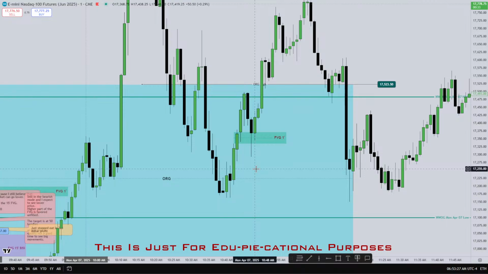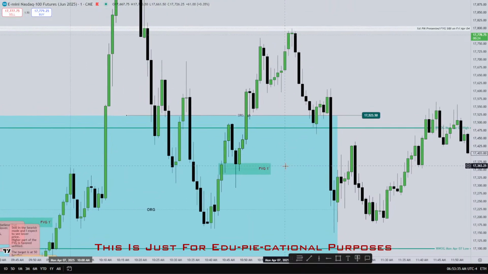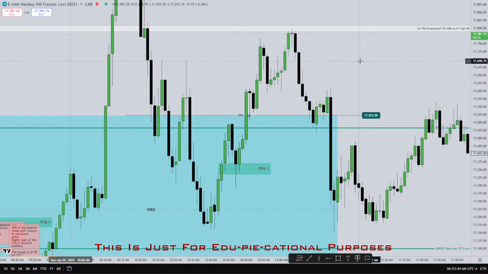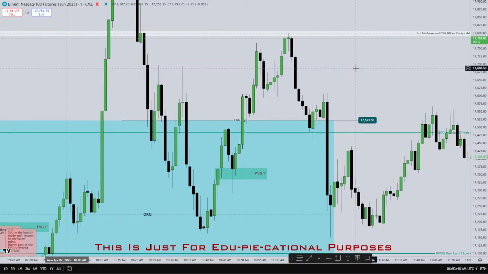You can see at 10:47 and 10:48 the market is reaching to this fair value gap, and after that immediately leaves the fair value gap and trying to reach the first presented fair value gap of Friday PM session, as you can see here.